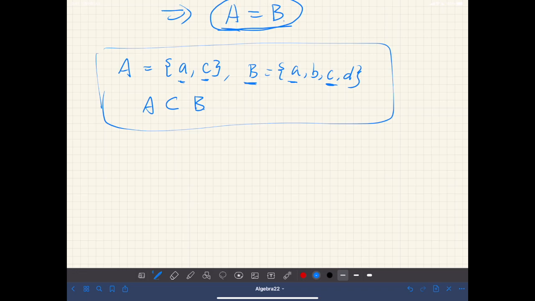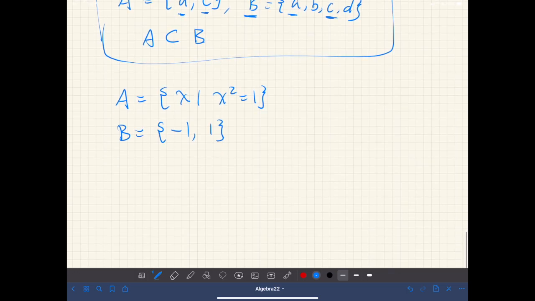Okay, and another example. A is the set of x where x squared is equal to 1, and B is the set of -1 and 1.